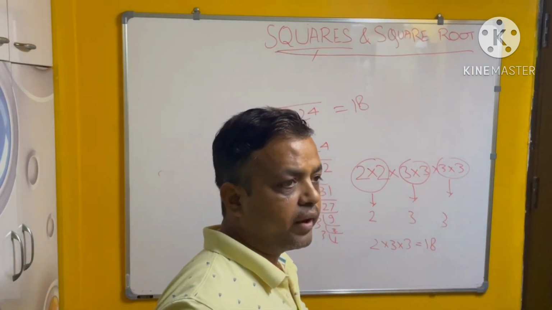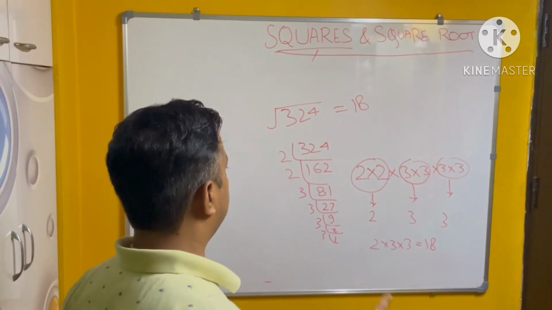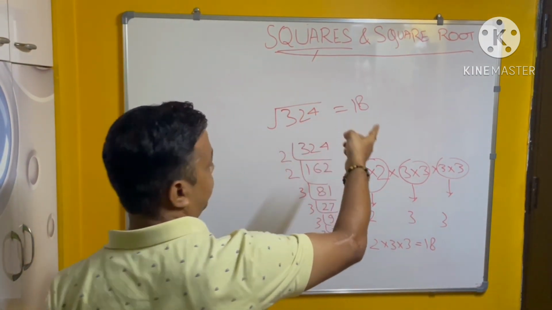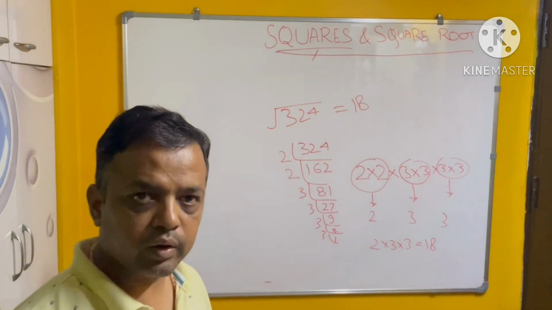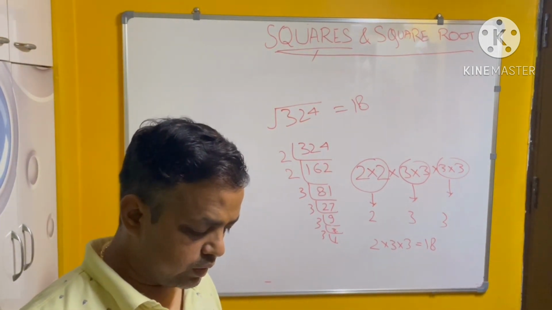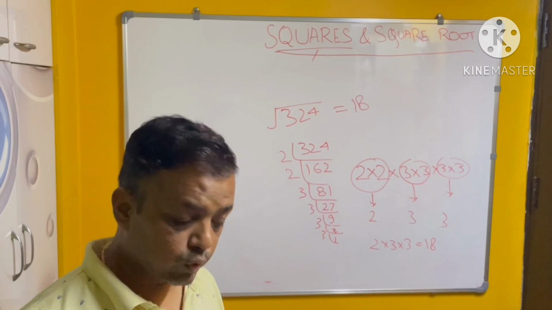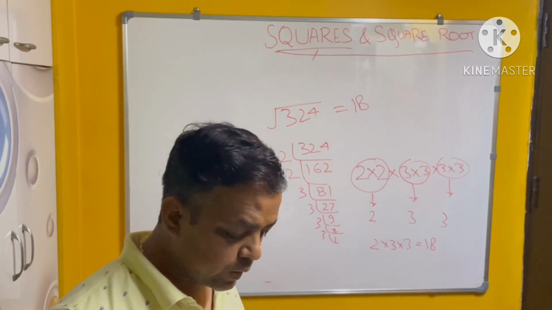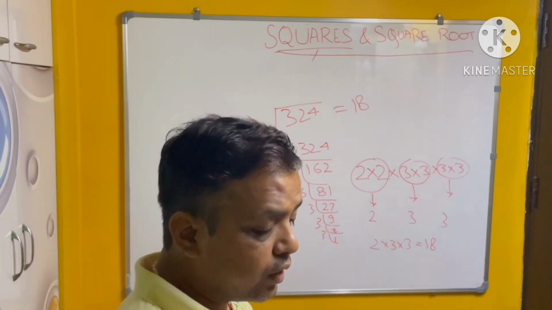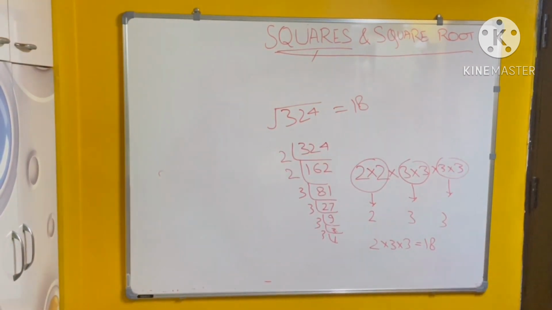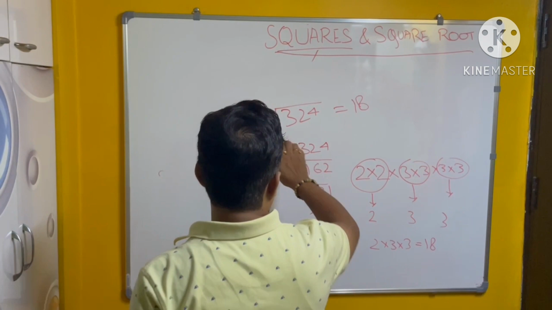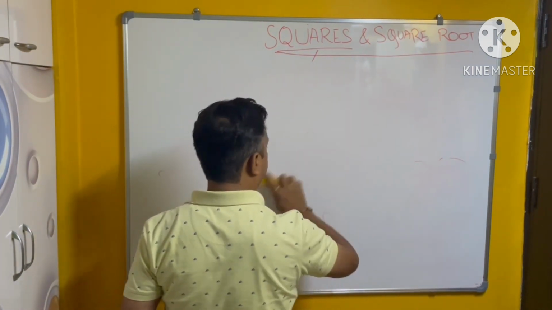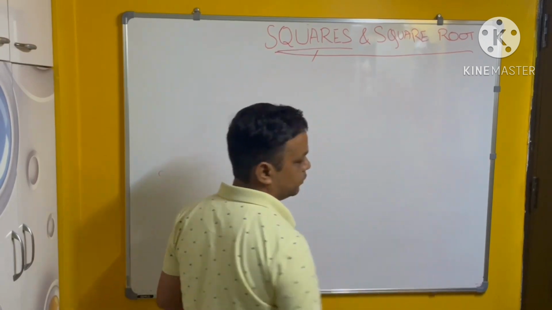There may be questions like: by which number should we multiply this so that it becomes a perfect square and you can evaluate its square root. Now we have one more method to evaluate the square root.